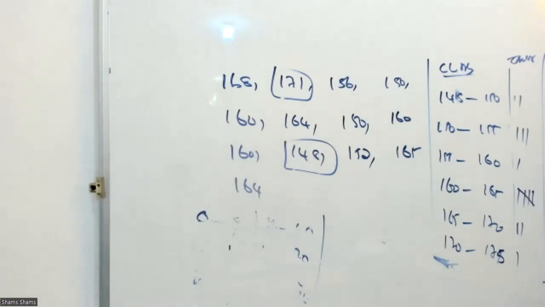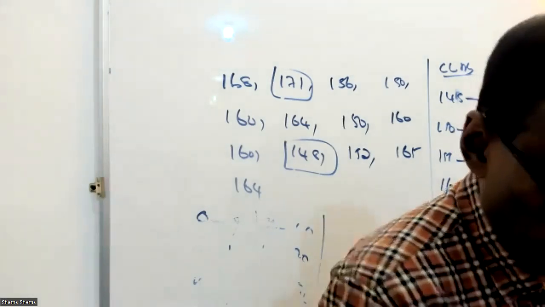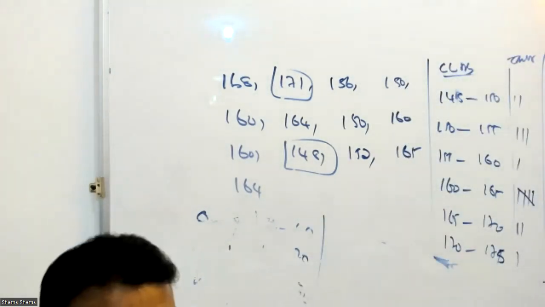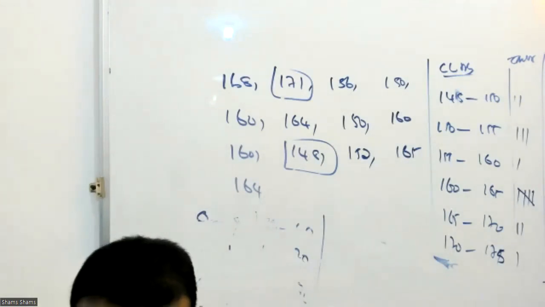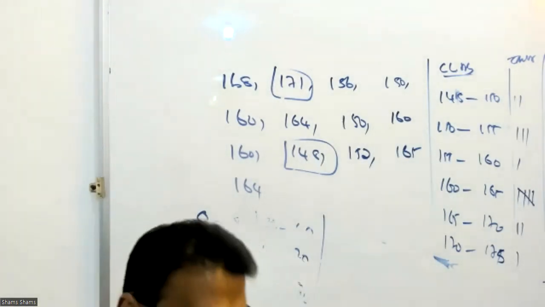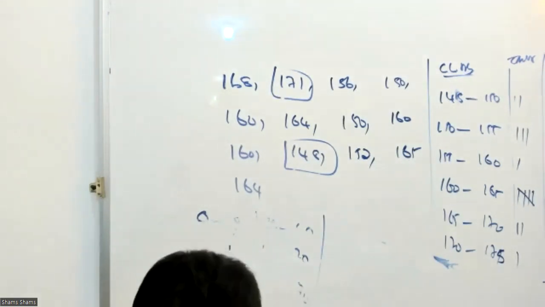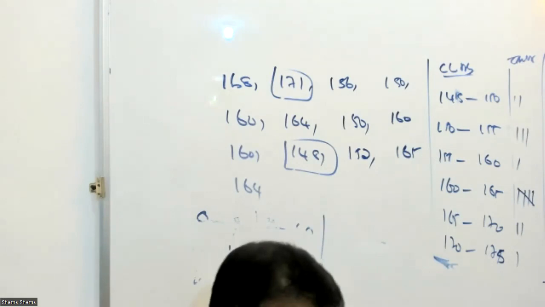What do you write? You write an example: 0 to 10, 10 to 20, 20 to 30, 30 to 40, 40 to 50, like that.